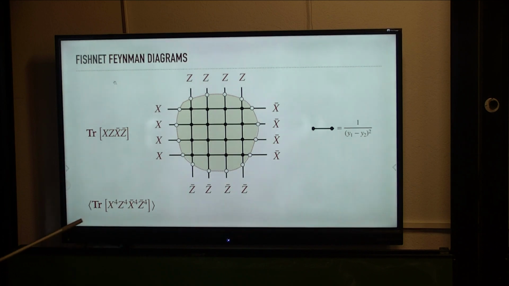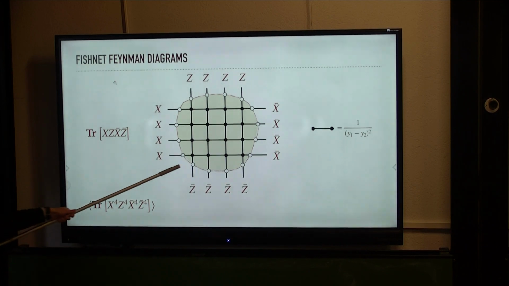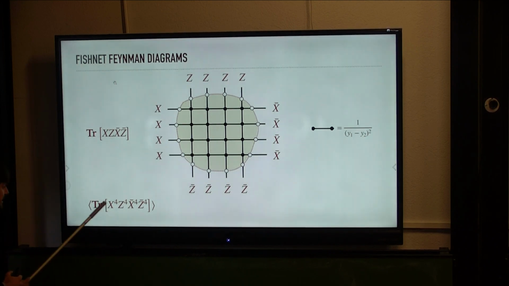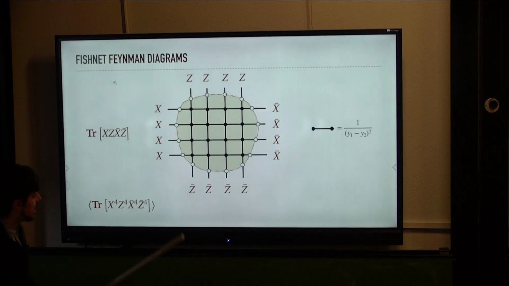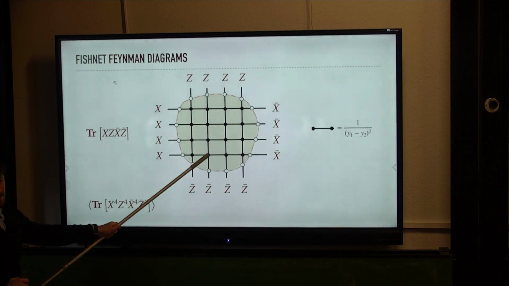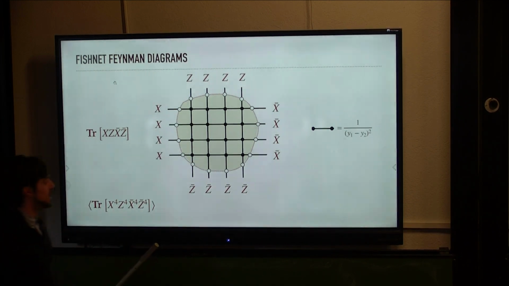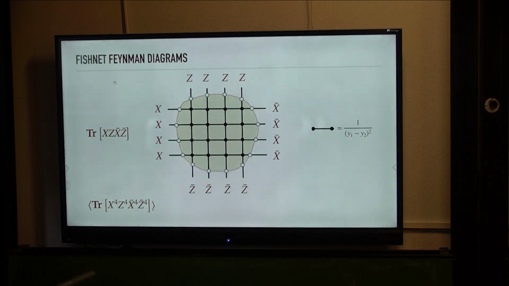Such a diagram will contribute to the perturbative expansion of this type of correlator, for example. And if all these fields are under the same SU(N) trace, this will be the only Feynman diagram that contributes to the perturbative expansion, which is something very unusual.